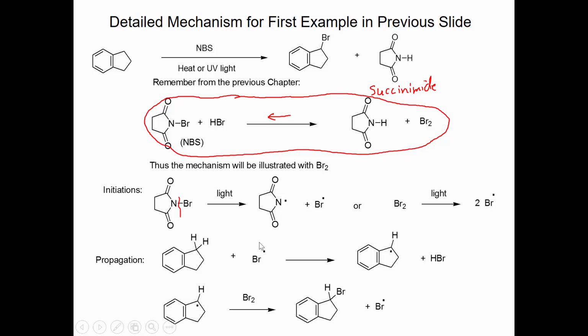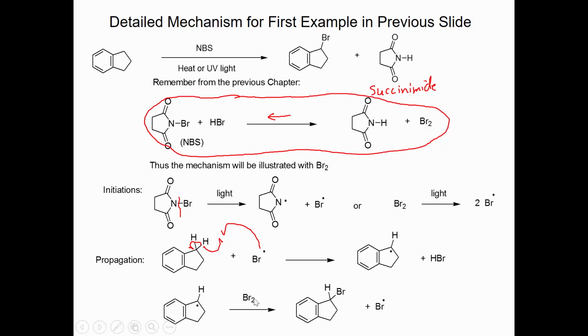All right, so in our propagation, I'll just draw the half-headed arrows here. Okay, we're making the benzylic radical and HBr. HBr then starts to engage in this reaction up here to produce some bromine.